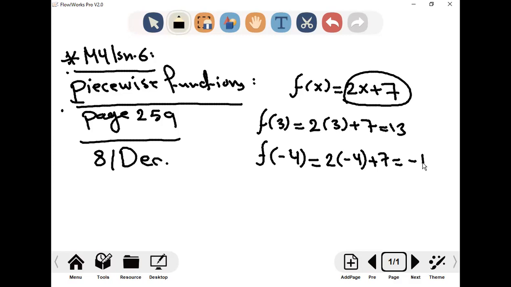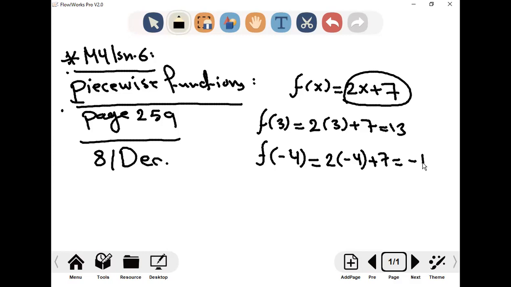So here we call it one rule function. Piecewise function is a function with more than one rule.